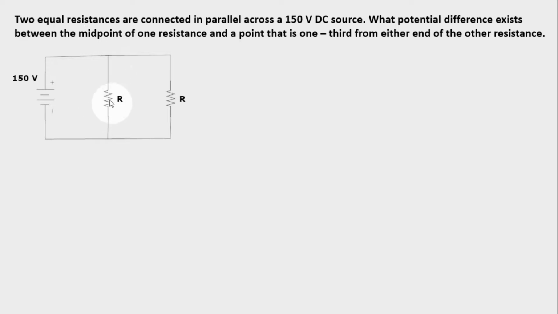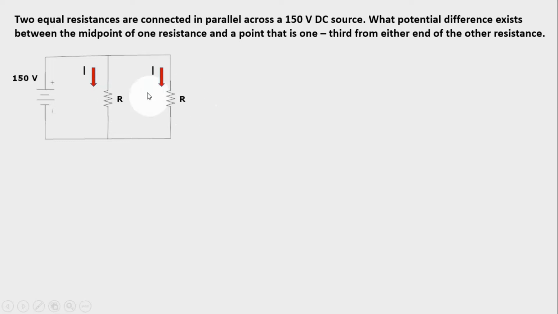So the midpoint of this R, and the other one is 1/3 from the other resistance, so 1/3 of this R. First, let us know that we can easily get the current in this branch.